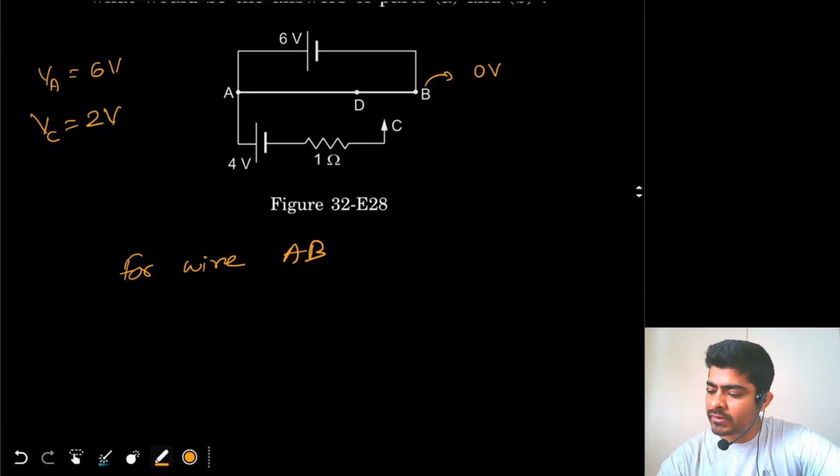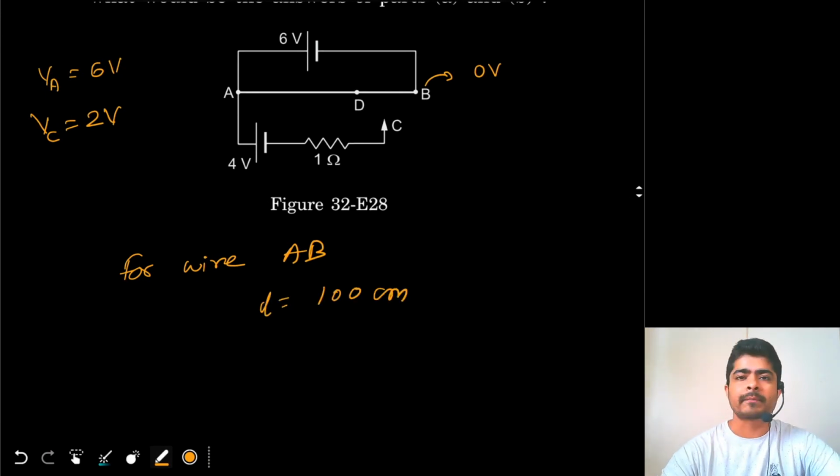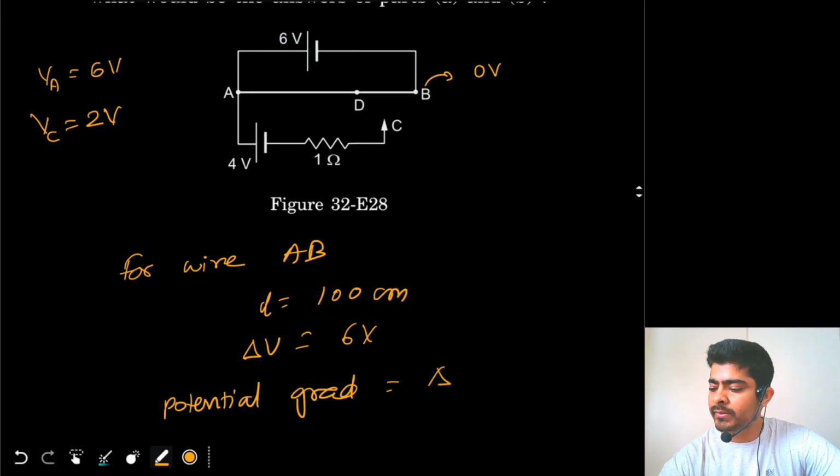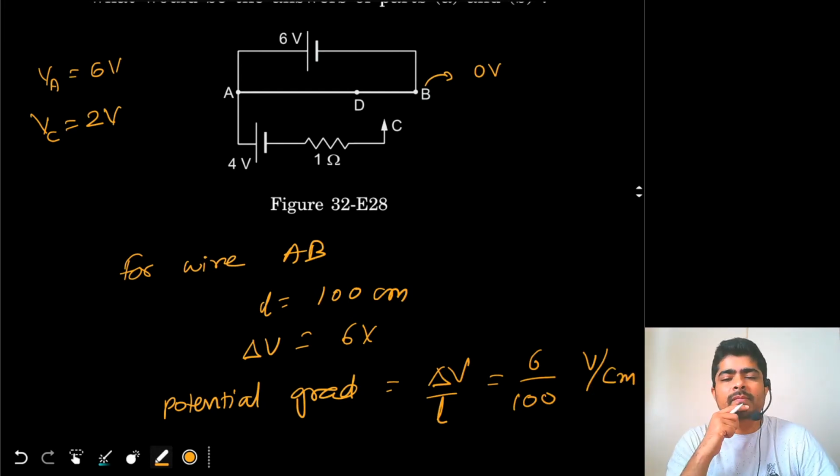Okay, and the potential difference across the wire is how much? Across the wire potential difference will be 6 volts. Okay, so we can write down potential gradient. Potential gradient, that will be delta V by L. So this will be 6 by 100 volt per centimeter. Okay, so we found the potential gradient.